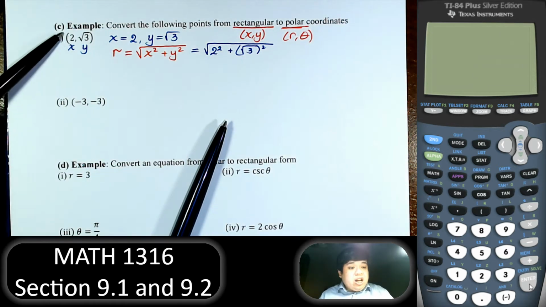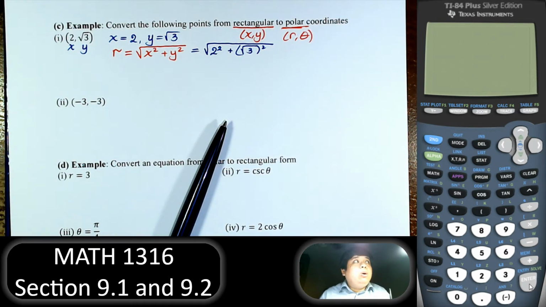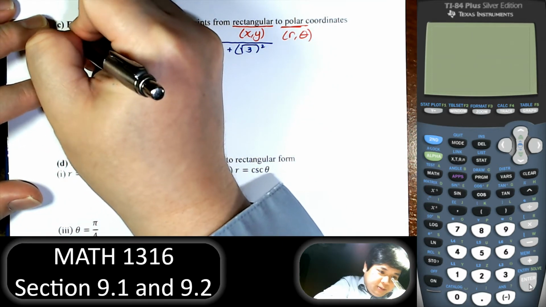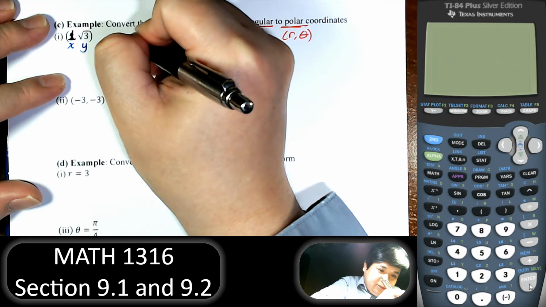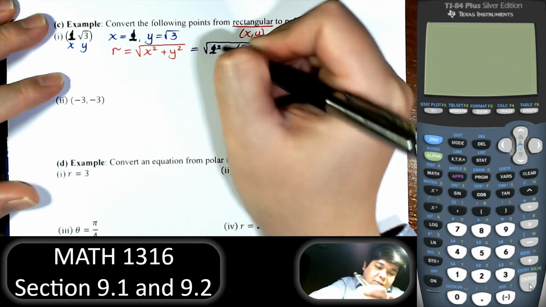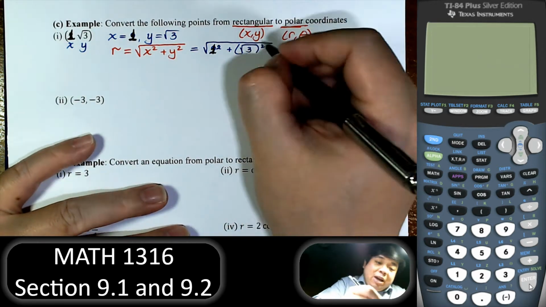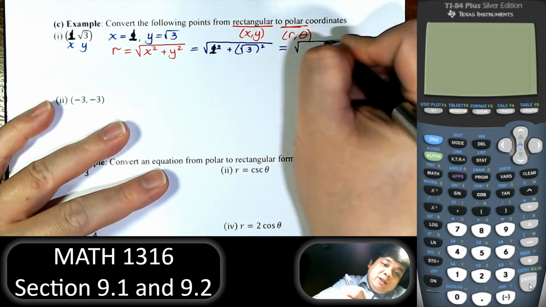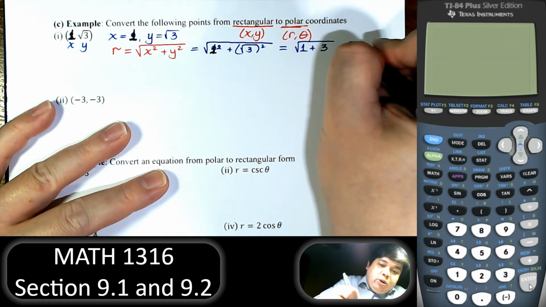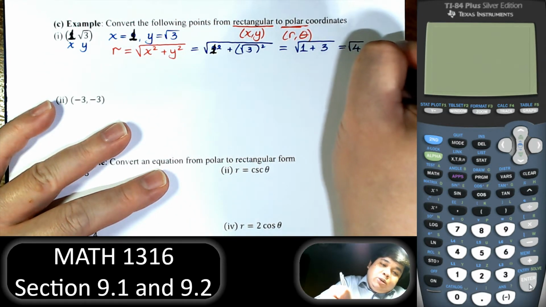Let's please change that to 1. Yeah, because in that case, the math will come out nice and even. 1 plus square root of 3 squared is 3, so square root of 4, which is 2.